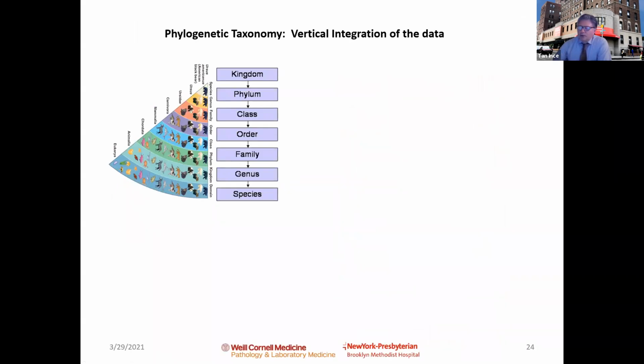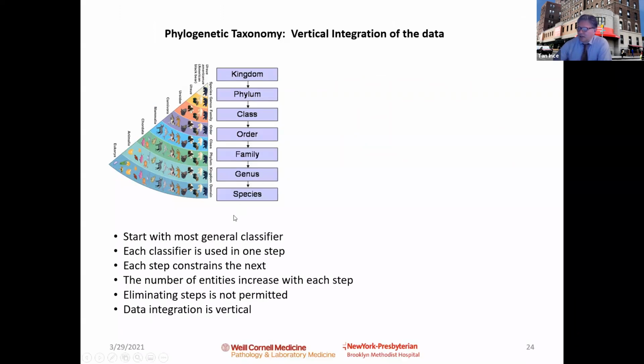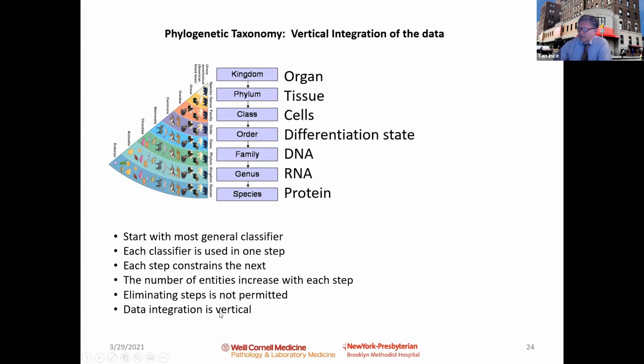So in order to classify a tumor, one could approach it like evolutionary biologists classify all biology. To organize the species, you start with the most general classifier, and then each classifier is used once, each step constrains the next, the number of entities increases with each step, and you cannot eliminate steps, and data integration is vertical.